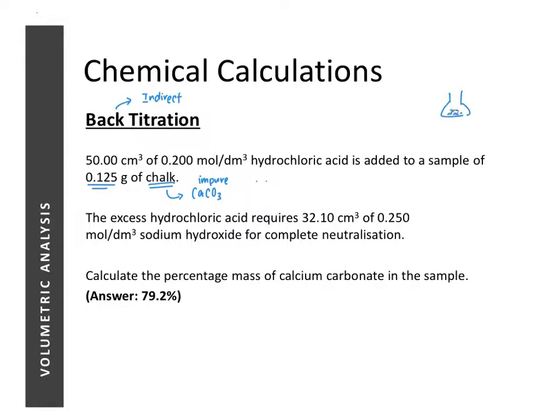This is a solid, and we are going to add excess acid to the calcium carbonate. So all your calcium carbonate will be reacted away, because we have excess acid, and at the end of the reaction there will be some acid remaining.